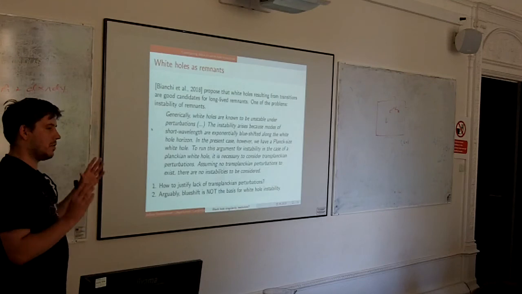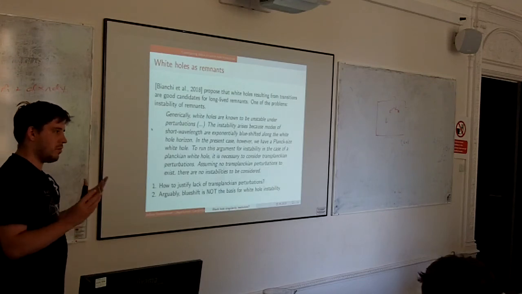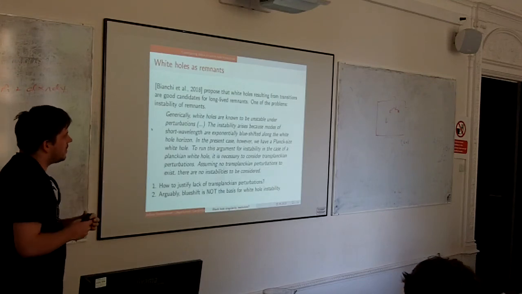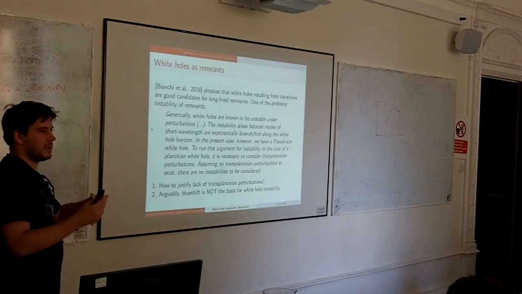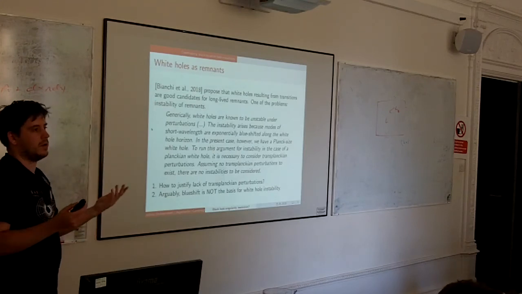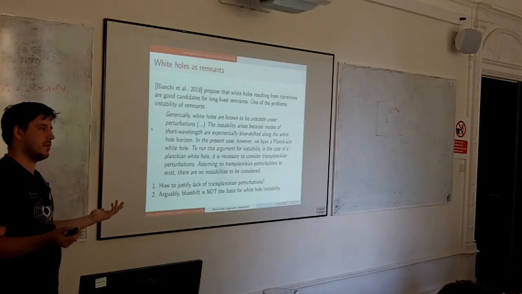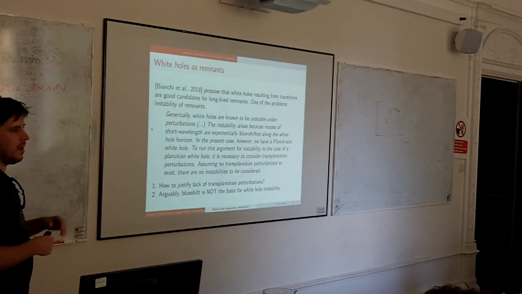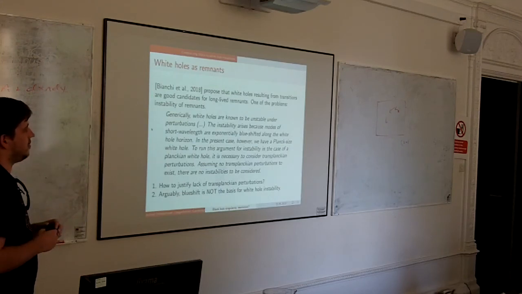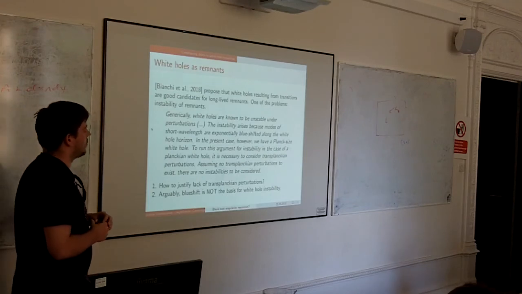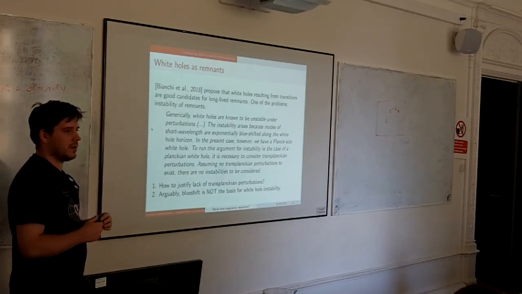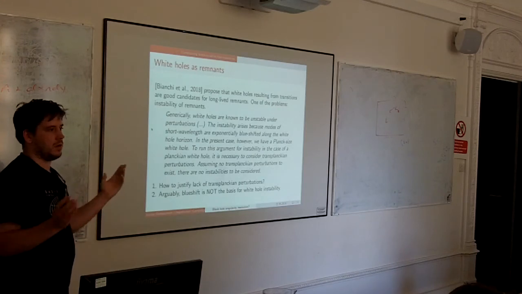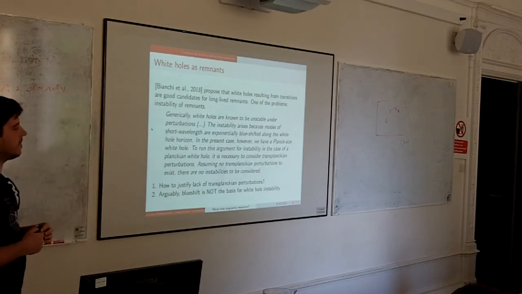And if they are good candidates for long-living remnants, then one could just make standard moves and argue that, oh, I have an acceptable remnant solution, so that provides me with a solution to the information loss paradox, and perhaps it's even better, perhaps at some point this remnant will just transition into ordinary matter, and so then there will be no incompleteness left to be dealt with.